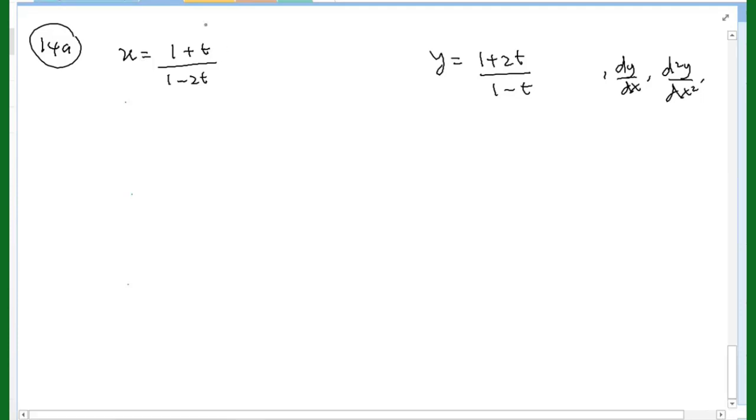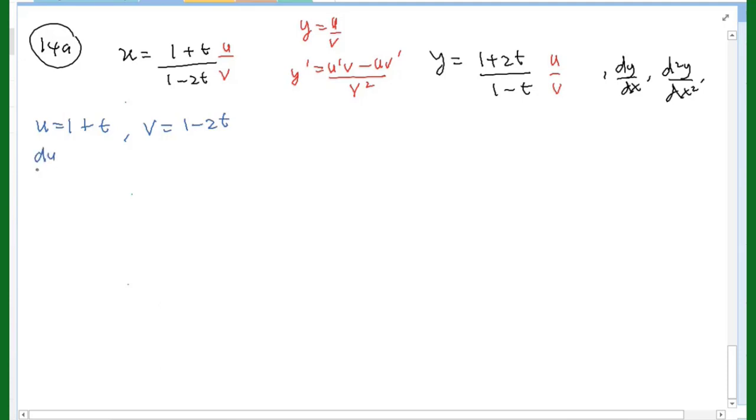This one is in the form of u over v, which means we need to apply the quotient rule: (u prime v minus u v prime) over v squared. For x, u is equal to 1 plus t, v is equal to 1 minus 2t.